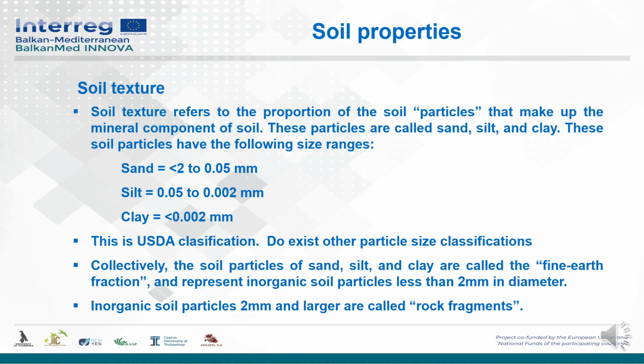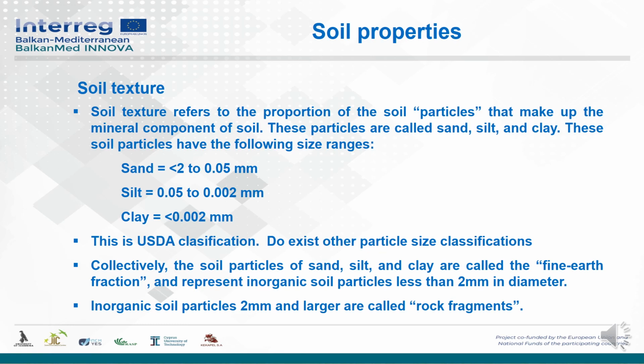Silt has between 0.05 to 0.002 millimeters, and clay, which is the most teeny part of the soil, has particles smaller than 0.002 millimeters.